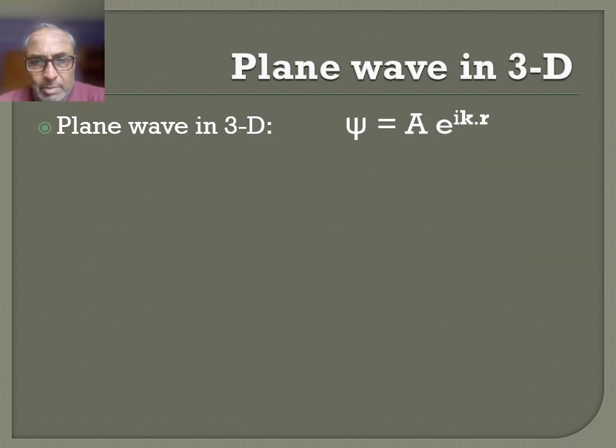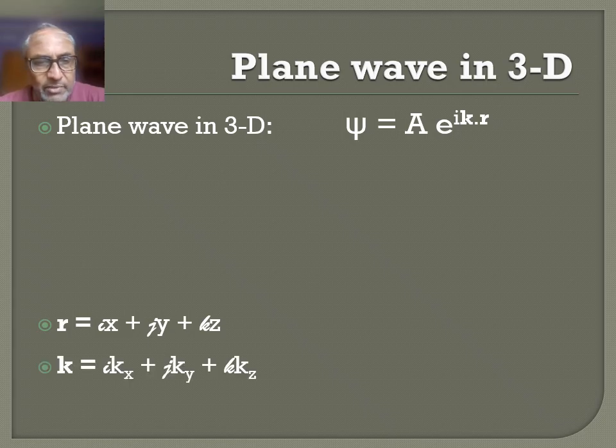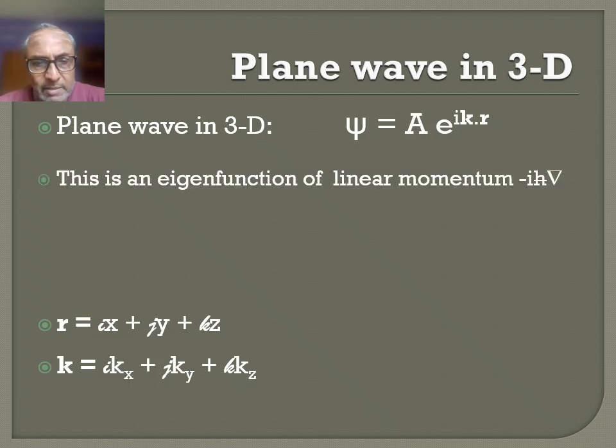In 3 dimensions, we can generalize this to psi equals a e to the power i k dot r, where k and r are vectors. r equals i x plus j y plus k z. k is i kx plus j ky plus k kz, the 3 components of the wave vector.